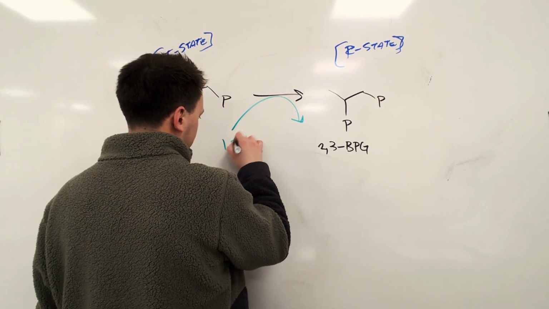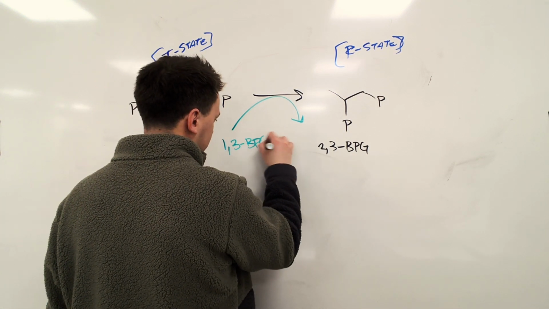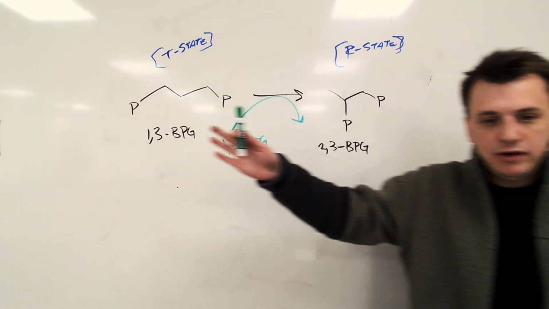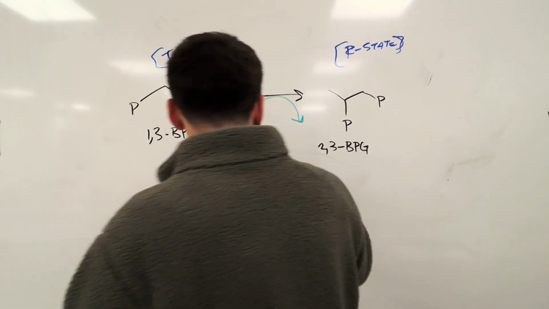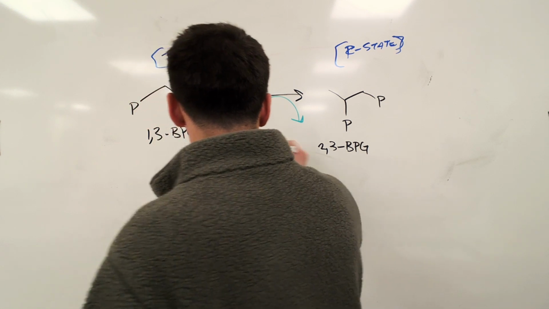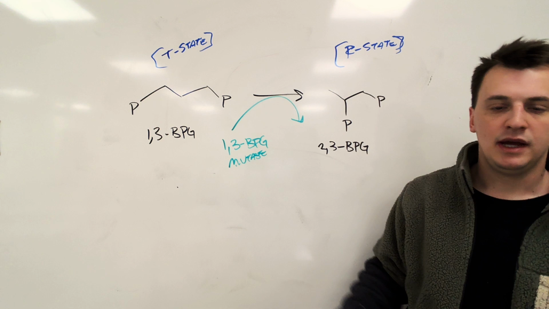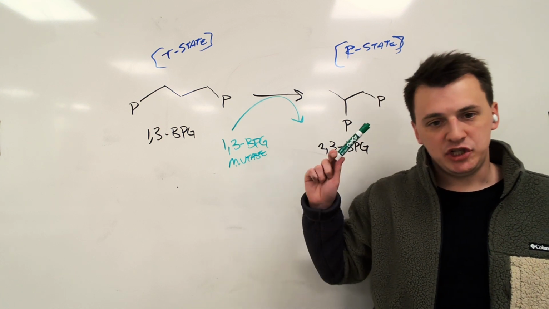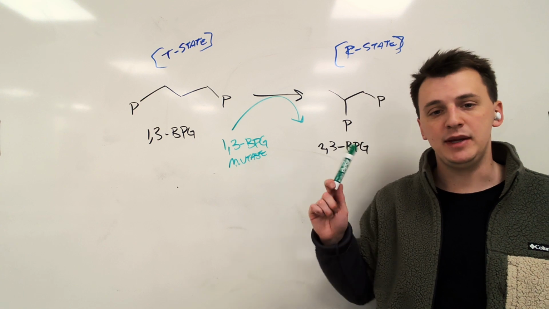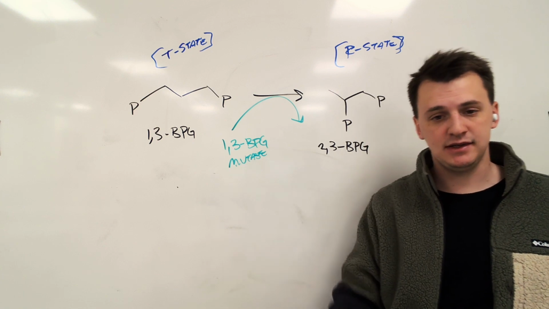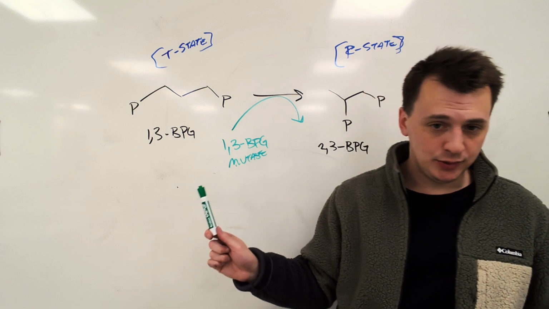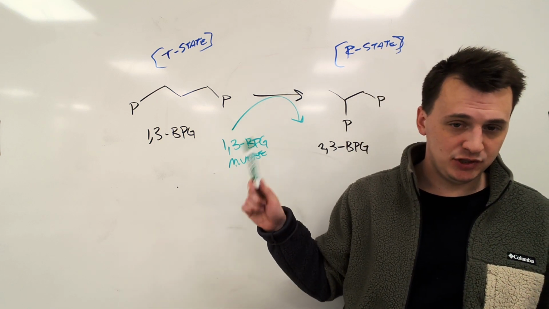And that is 1,3-BPG mutase. And so that's what's going on. And so if we want to change from T state to R state, tense state to relaxed state, we take 1,3-BPG mutase, and it will change 1,3-BPG into 2,3-BPG, or the R state.